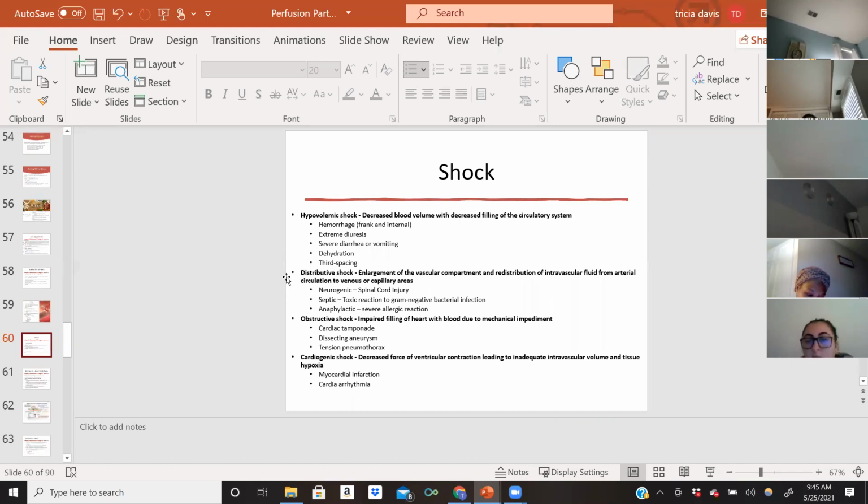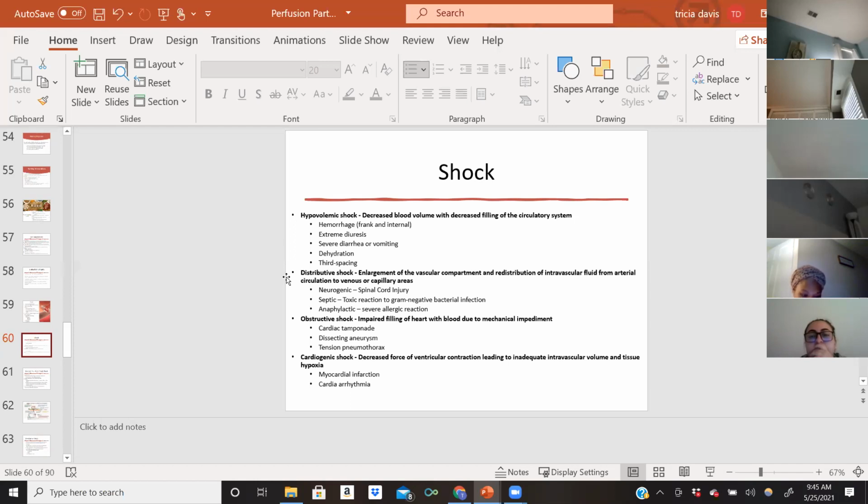They do a colonoscopy and they hit something and there's bleeding, internal bleeding or bleeding that you can see on the outside. We can see it with extreme diuresis where we're really pulling all that fluid out and decreasing that circulating blood volume. We can see it with severe diarrhea or vomiting because that's also affecting our amount of circulating volume.